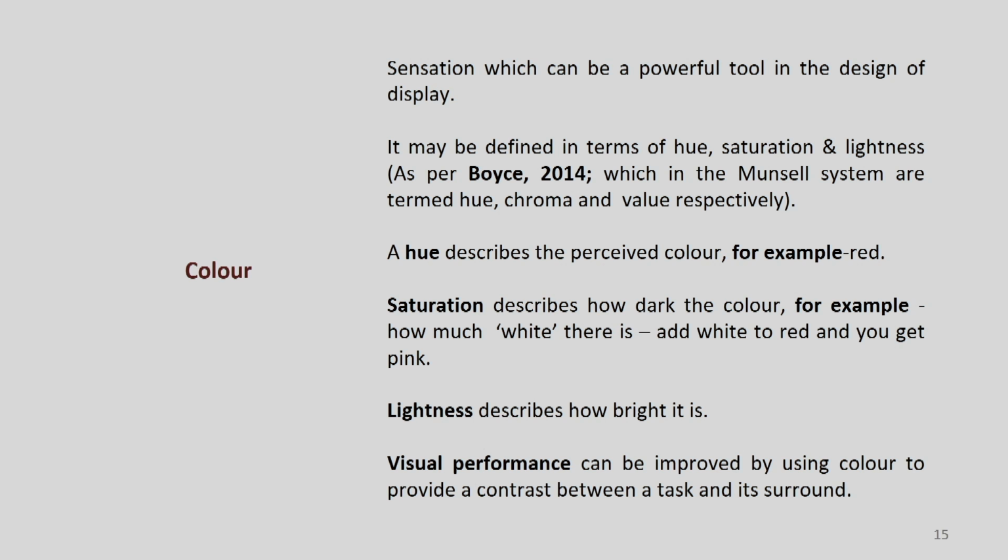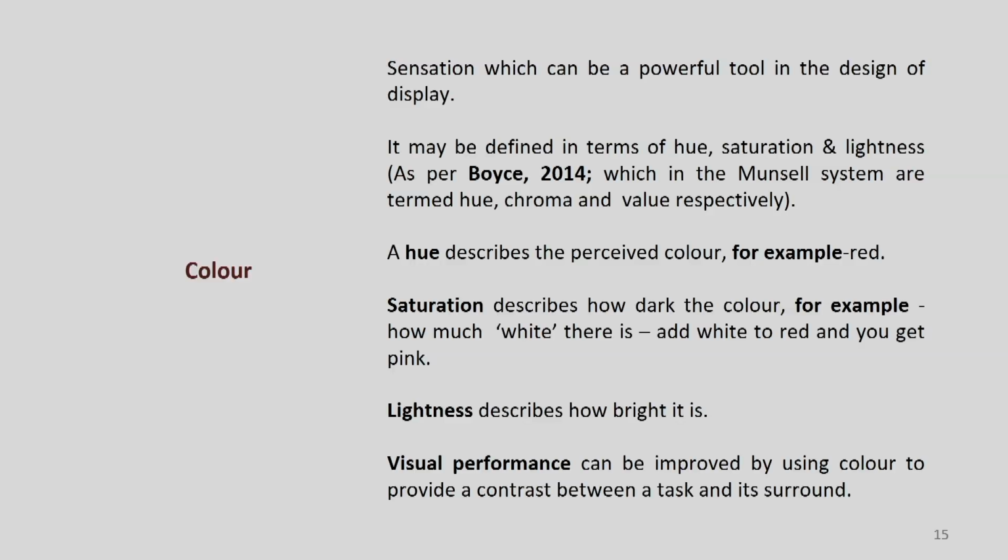So, let us understand these three terms: what is hue, what is saturation and what is lightness. Hue describes the perception of color. For example, I perceive this color as black, I perceive this particular bottle cap as blue, something like that. Saturation describes how dark the color is and lightness describes how bright it is.